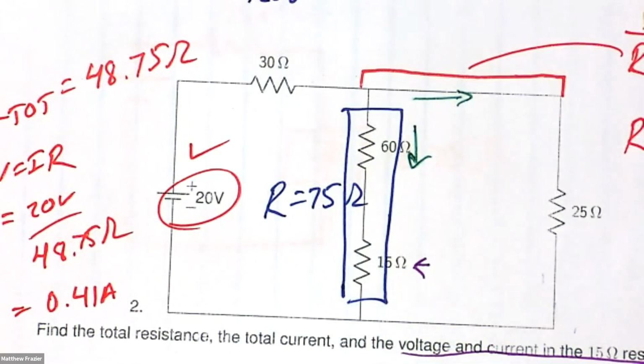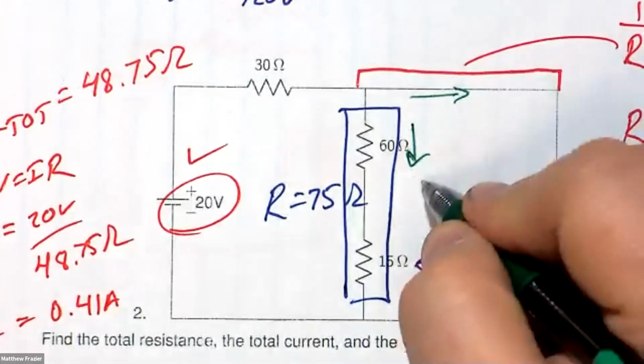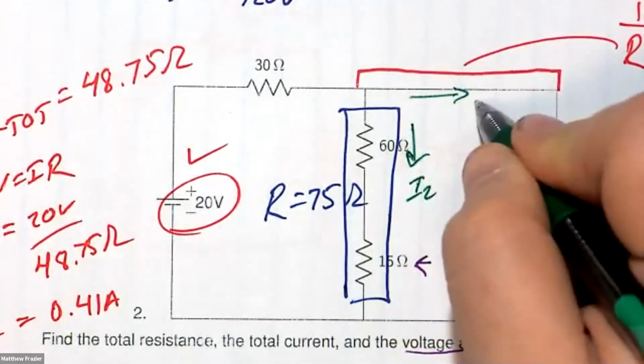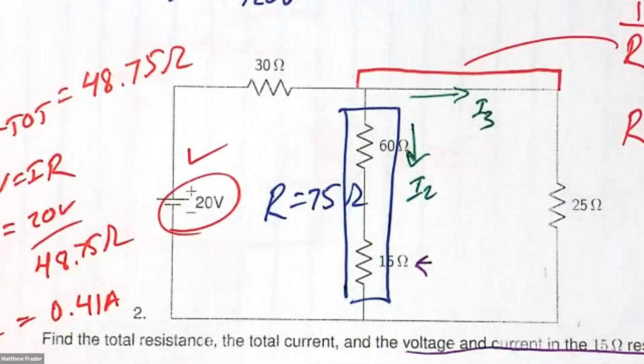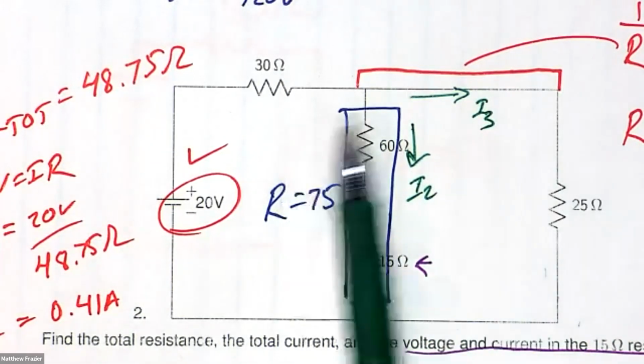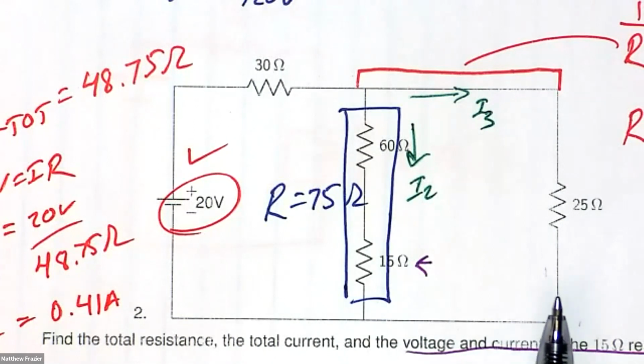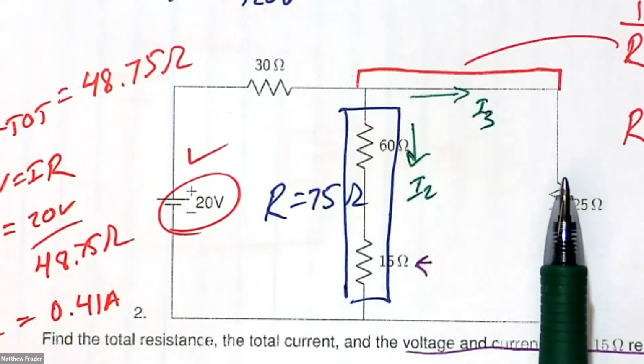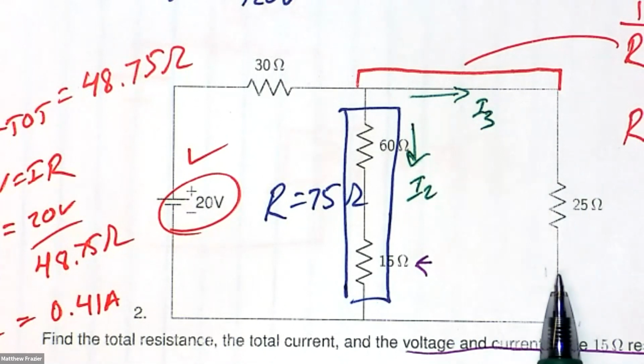To find how that current flows, we need to know the voltage on this branch, right? We'll call this I2 and this one I3. To know how it splits up, we've got to figure out essentially how much flows through this resistor and how much flows through these.